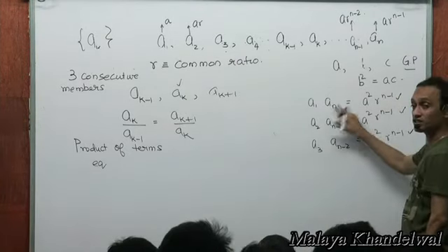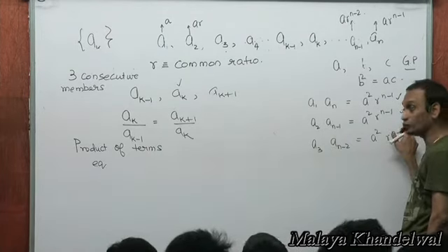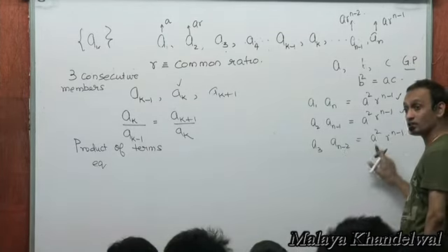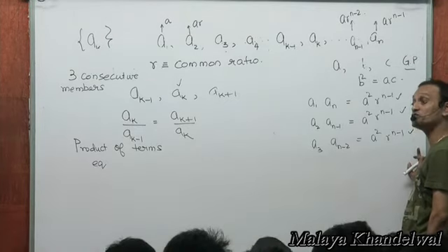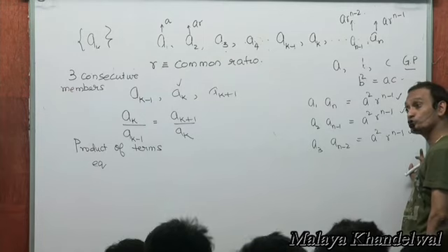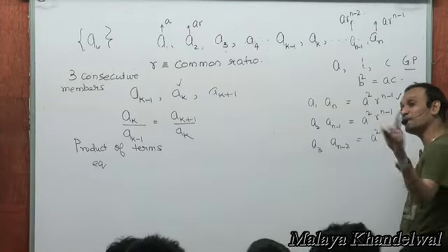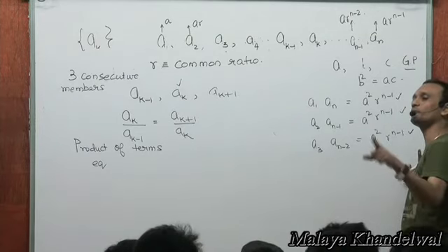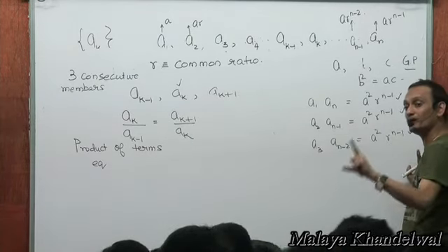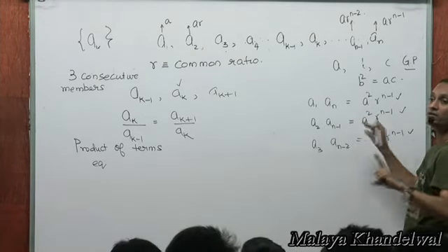First term into last term is this value. Second term into second last term is the same value. Third term into third last term is the same value. So in a GP series, product of terms equidistant from the beginning and end is a constant. In an AP, sum of terms equidistant from the beginning and end is a constant. In a GP, product of terms equidistant from the beginning and end will be a constant.